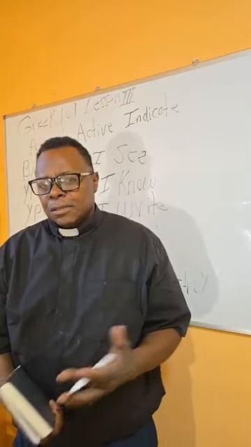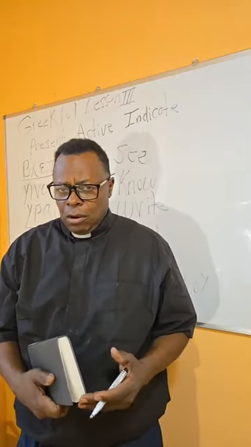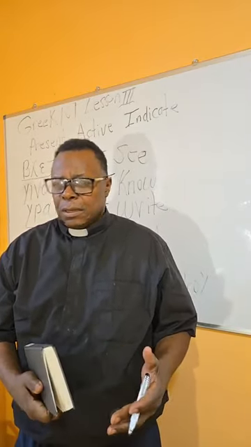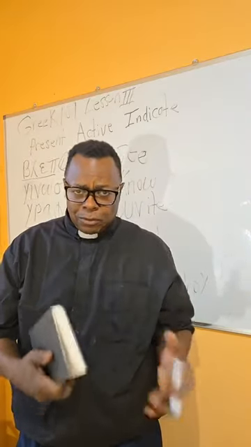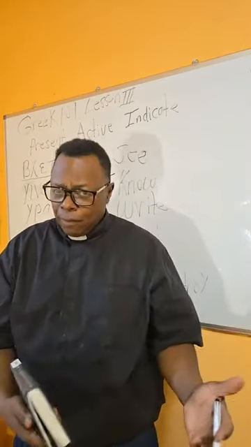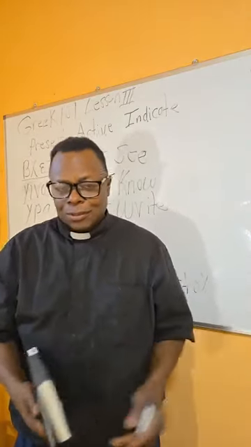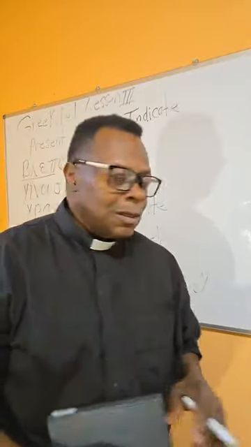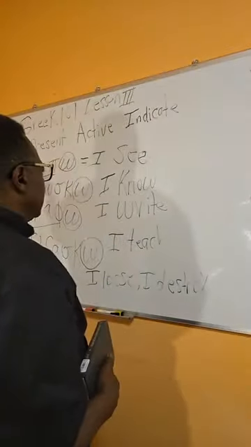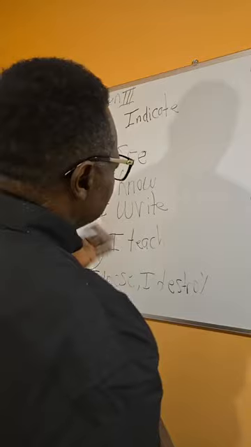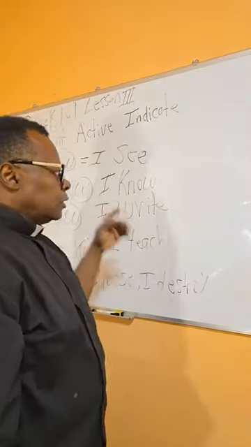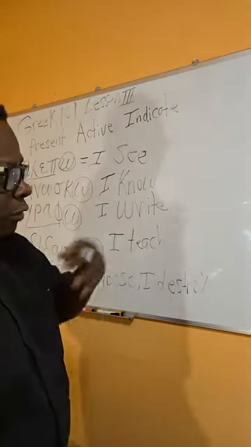Now, to make that sentence passive, you have to get the subject to be acted upon. You say, the car was washed by John. Now, that sentence is passive. And John washed the car is present, active, indicative.